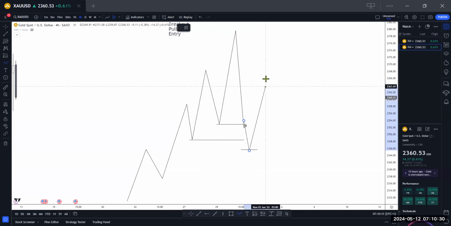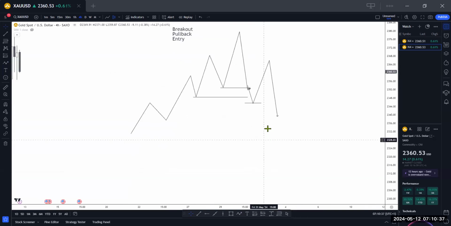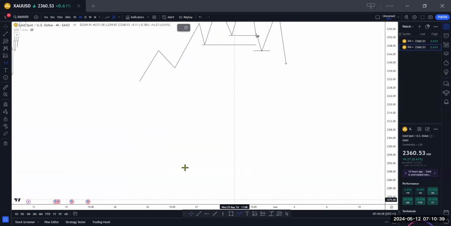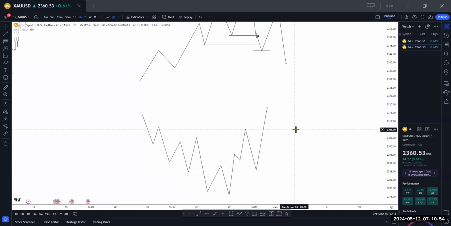So price would retrace and drop. For a bullish scenario, you have a bearish trend coming on. So first breakout, second breakout, pullback, entry. Now, this is the first breakout.